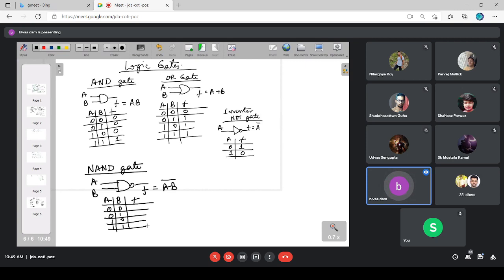So the output will be the complement of the AB output. So for how many input combinations will the output be 1? First 3.